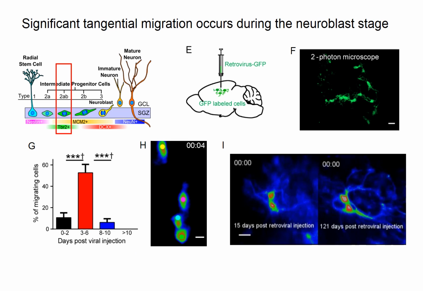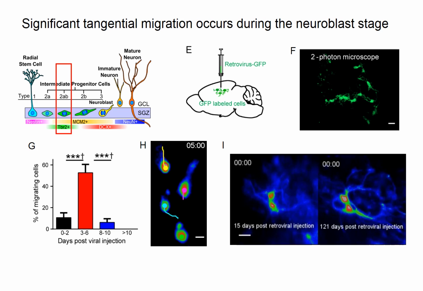And when cells are older than 10 days, they don't seem to migrate anymore. Here is the video that we get. You can see these dots in a line, and you can see they move a significant distance here. This is about 5 hours of recording. And some cells definitely move faster and a longer distance than others.